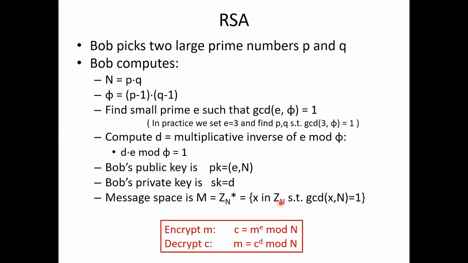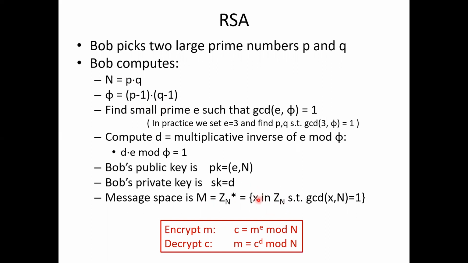Remember, n is a product of two numbers, p and q. So, for example, p is smaller than n, so it's in here, but p is not co-prime with n, which is p times q. So multiples of p and multiples of q, multiples of either of these primes, would be outside of the message space.